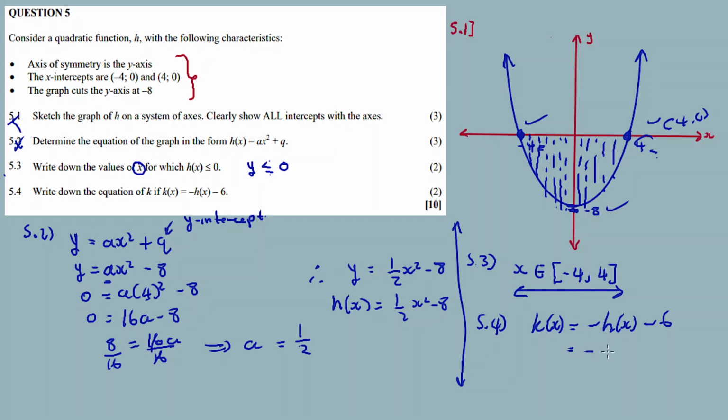This is equal to minus open bracket, h of x being half x squared minus 8, close bracket, minus 6, equal to -1 over 2 x squared plus 8 minus 6. So k of x is equal to -half x squared plus 2.